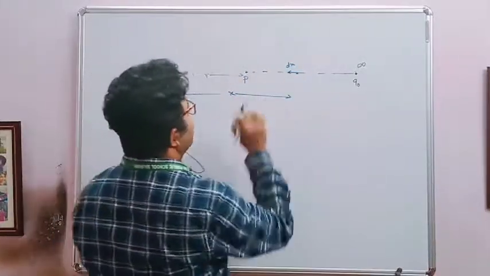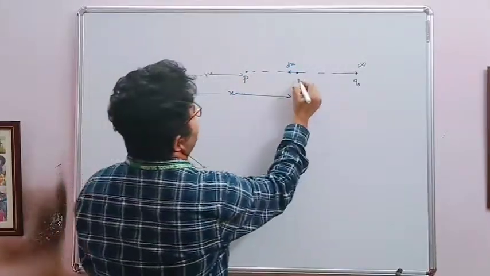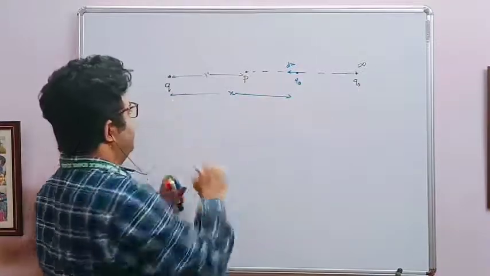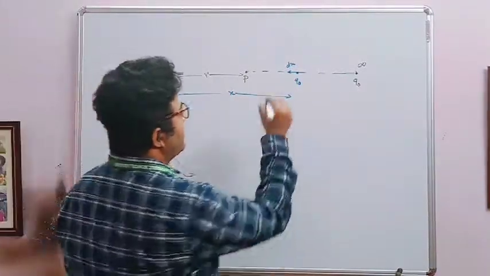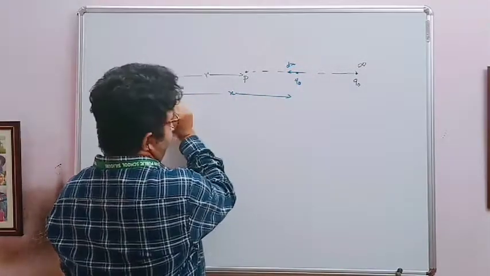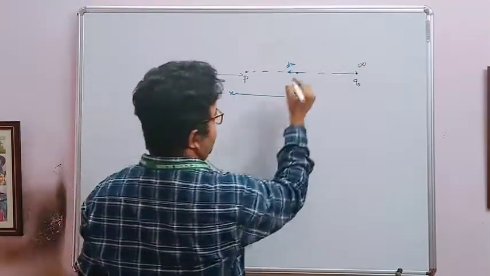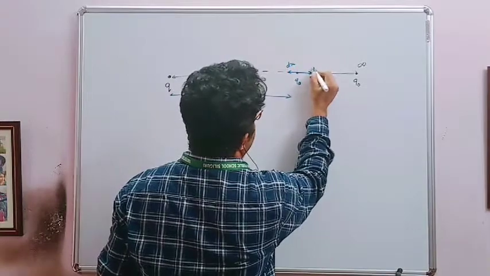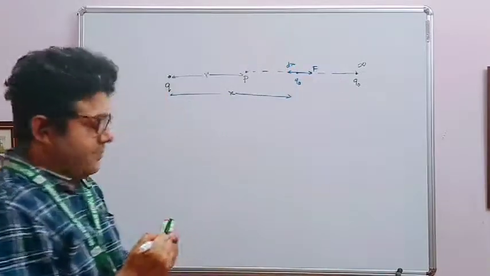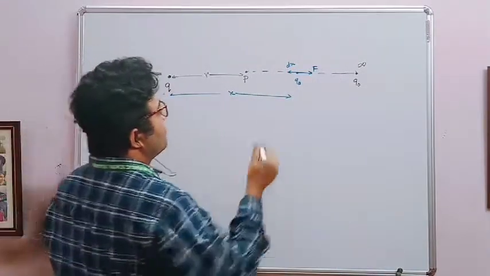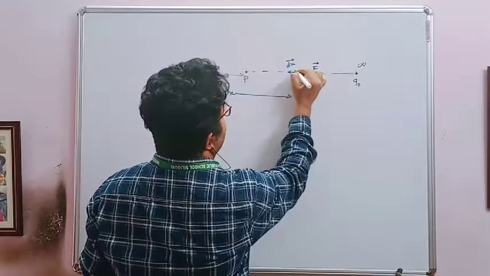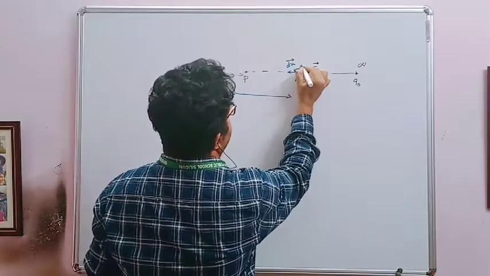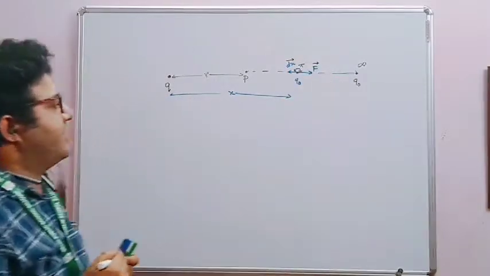So at an instant, suppose the charged particle Q naught is at a distance x from the charged particle, and as it is also a positive charged particle, and we suppose this one is also a positive charge, the force is repulsive in nature. Now displacement and force are both vectors, and the angle is 180 degrees.